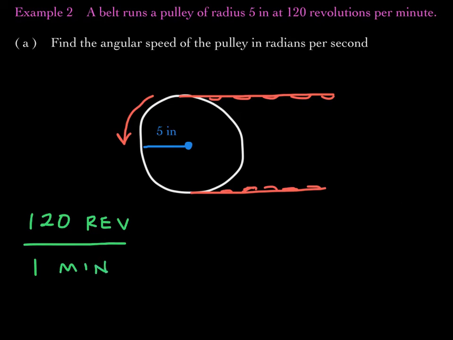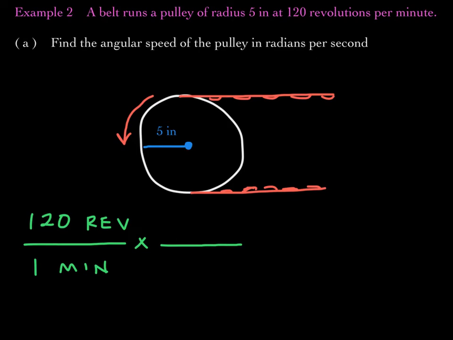They want the angular speed in radians per second. So we're going to multiply by some unit fractions. Since they want radians per second, instead of revolutions, I want radians. And so the first thing I'm going to do is convert this to radians.